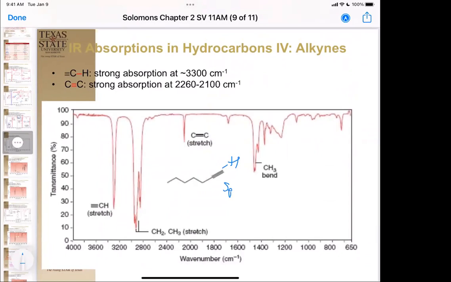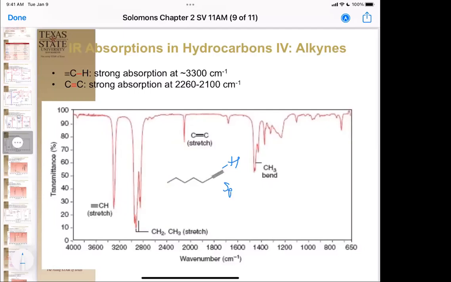Above, because sp3 is just below, sp2 is just above, and so it's going to be a little bit more. Remember when we were talking about hybridization, sp3 has an s spread out over 4 orbitals, 25% s. The sp2 is an s orbital spread out over 3 equal orbitals, 1/3 s. An sp orbital is 1 s over 2 orbitals, so it's 1/2 s. And so that's why it keeps marching up to higher and higher frequency.